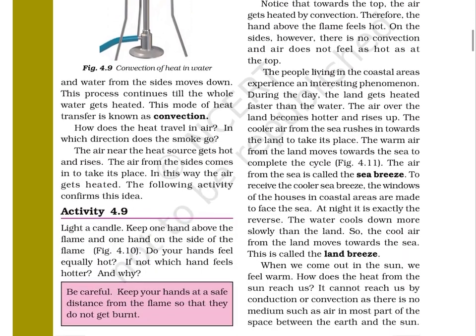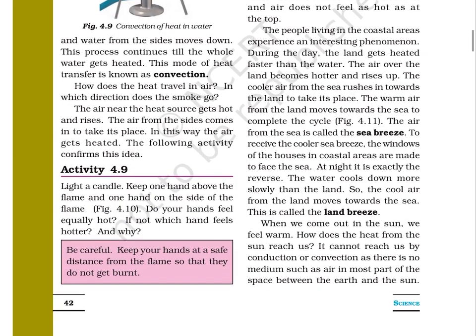The people living in the coastal areas experience an interesting phenomenon. During the day, the land gets heated faster than the water. The air over the land becomes hotter and rises up. The cooler air from the sea rushes in towards the land to take its place.